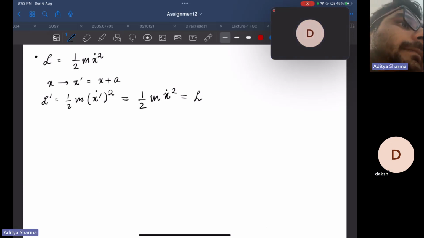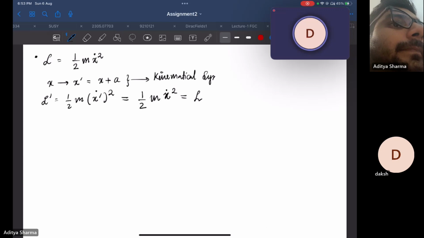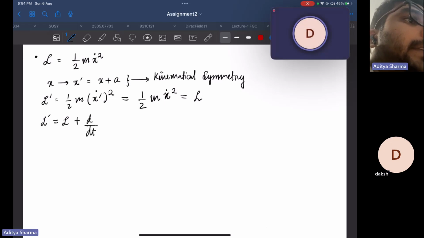So this symmetry is called kinematical symmetry. Because in this case, you checked yourself, if you write the Lagrangian plus something like this, this term is not there.